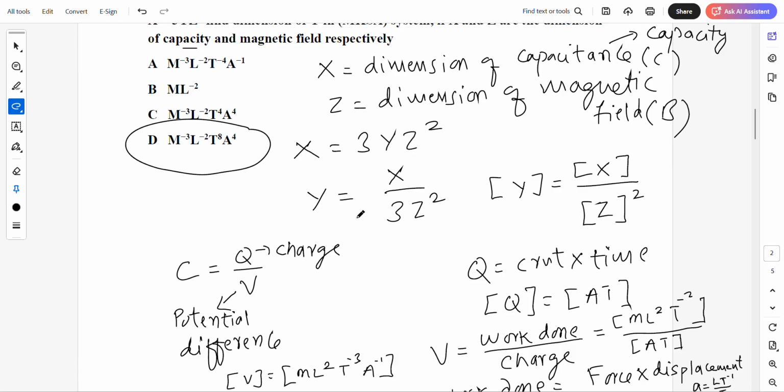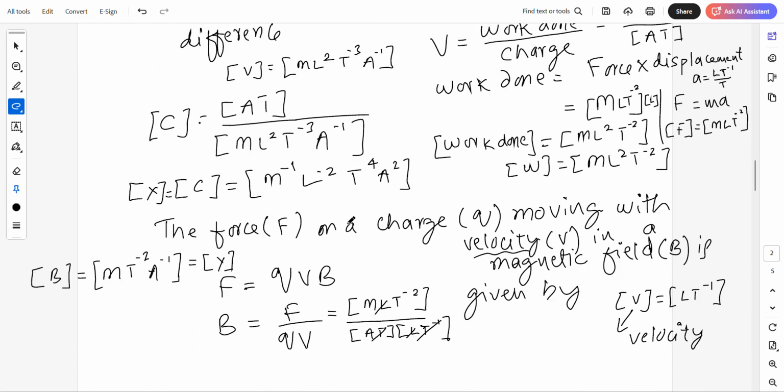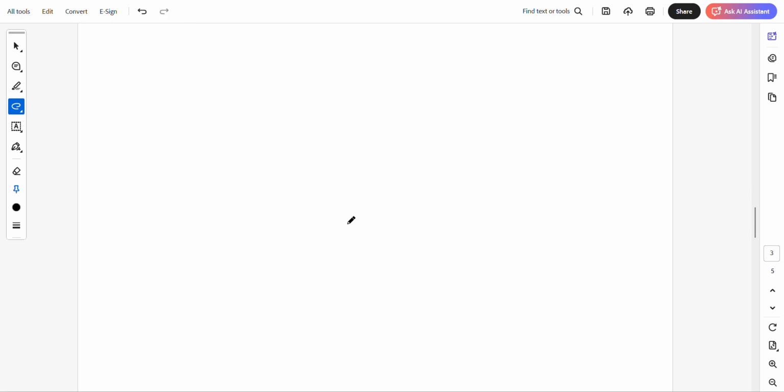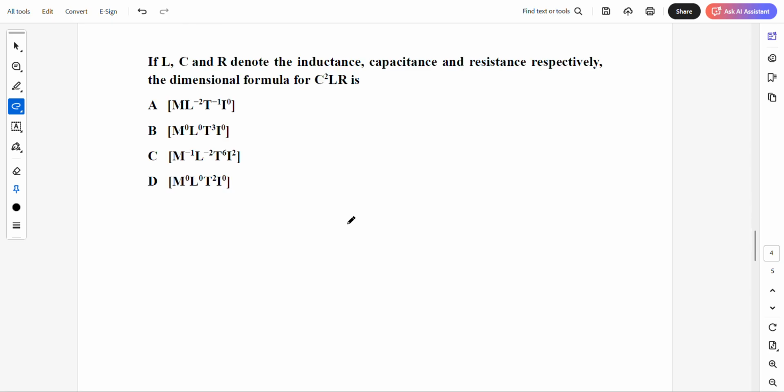Hope you have understood. Now we'll see the next problem. If L, C and R denote the inductance, capacitance and resistance, the dimensional formula for C square L R. What are the dimensions of, what is meant by inductance?